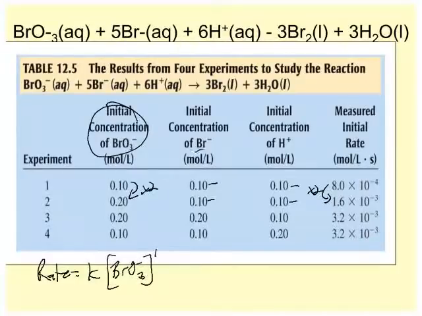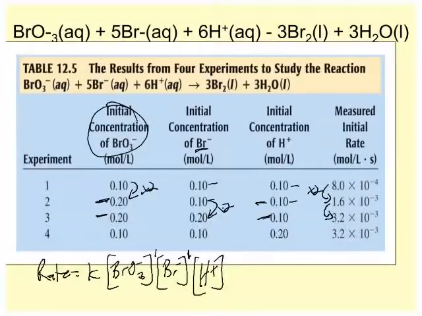Let's look and find one for Br negative. So I want to see where Br negative changes and the other ones don't. So do you see in experiment 2 and 3? The other guys are the same, and this doubles. And the rate here also doubles. So Br negative to the first. Then I have H positive.